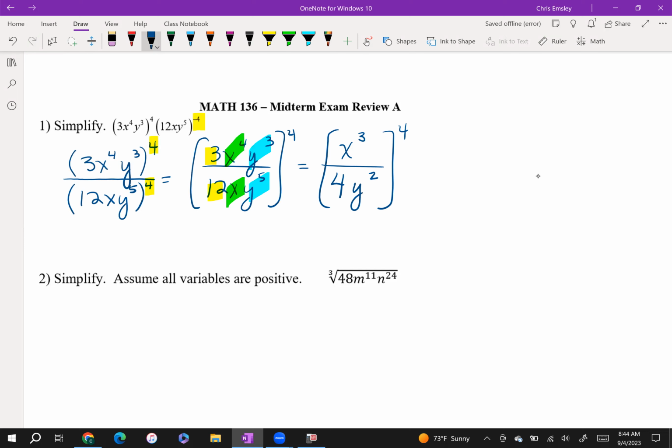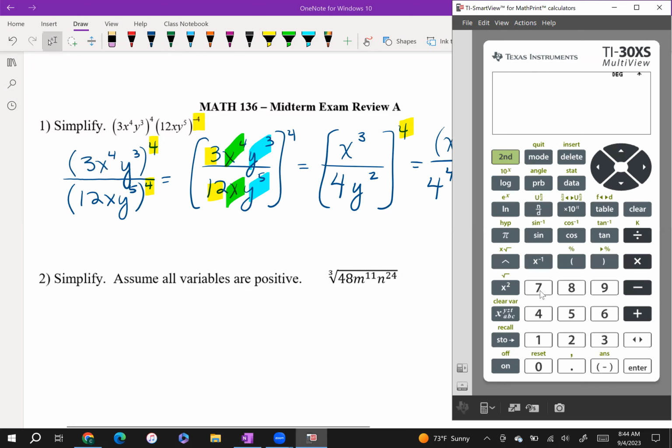And now I'm going to go ahead and apply that exponent. So remember when we have stacked exponents, to simplify, what we're going to do is multiply those together. So up top, we end up with x to the 12th. On the bottom, 4 to the 4th.